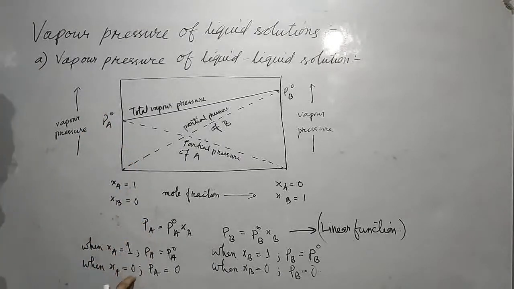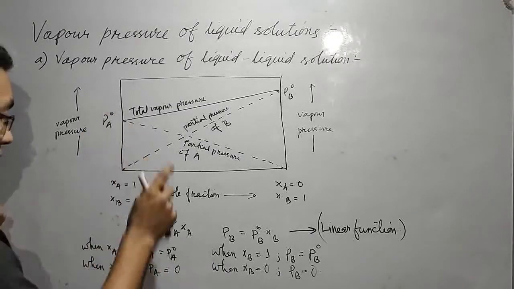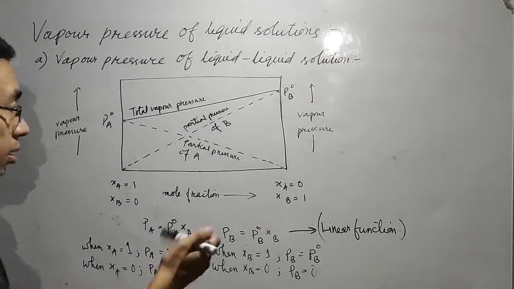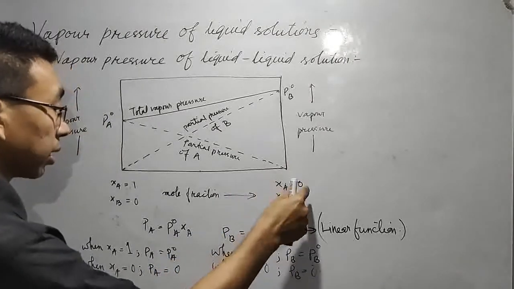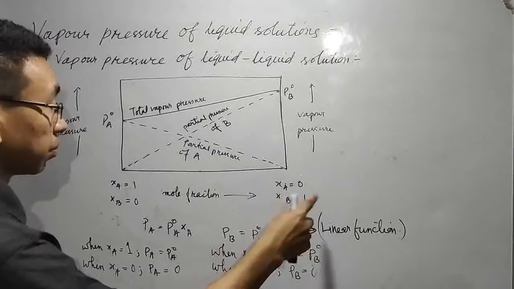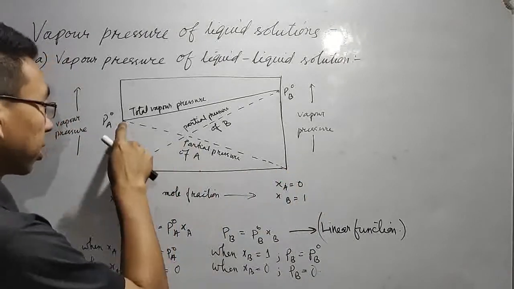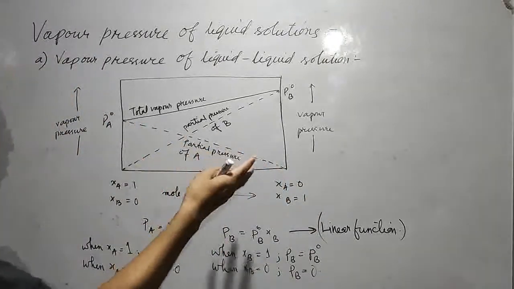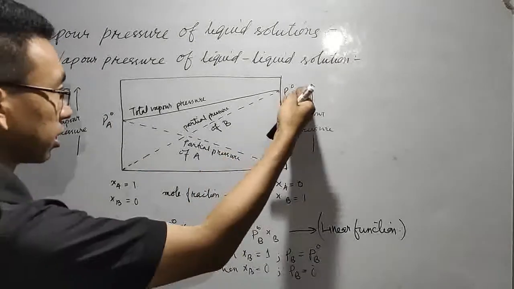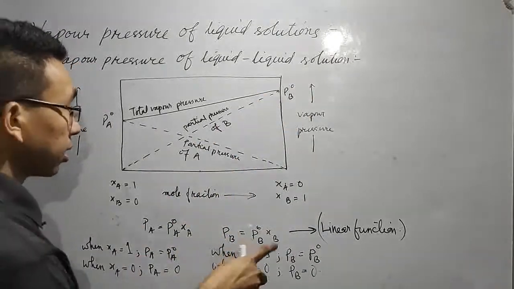And when XA equals 0, we get PA equal to 0. XA equal to 0 means component A is absent and only component B is present, so the point comes here. So we join these two points with a line. A similar case applies for the second component, that is B.